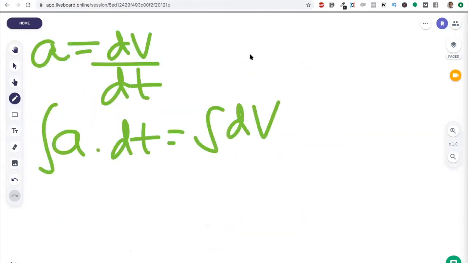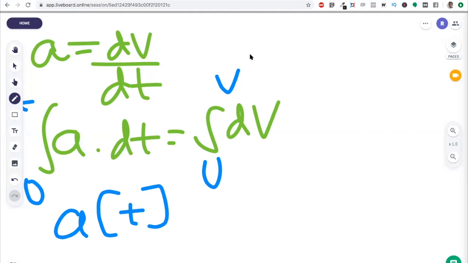So when acceleration is constant, we will take it outside the integration and we will put the limits. At t is equal to 0, velocity is u, which is the initial velocity, and at time t, velocity is v. So we will take a outside the integration, and integration of dt comes out to be t, from 0 to t.